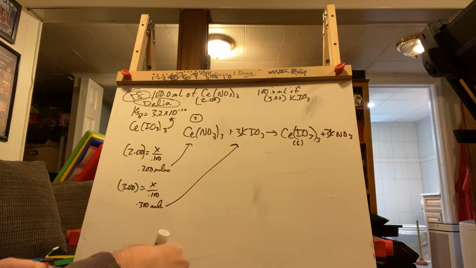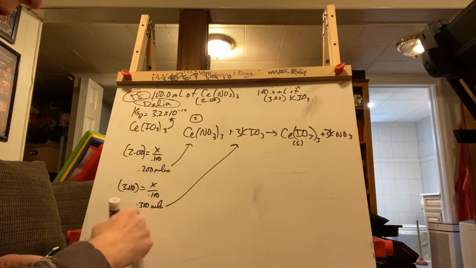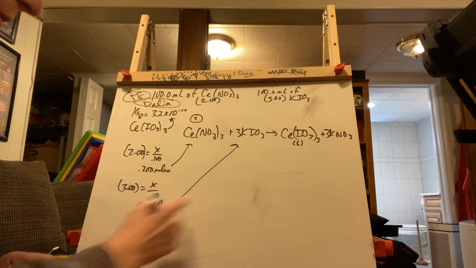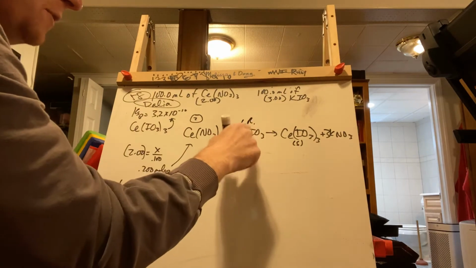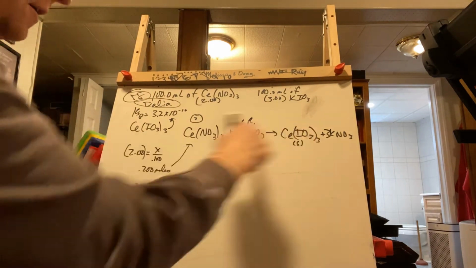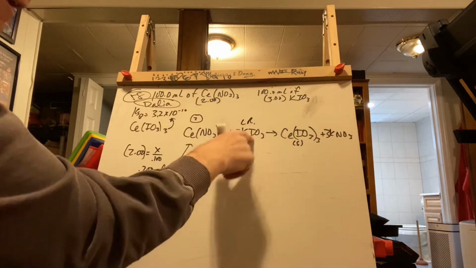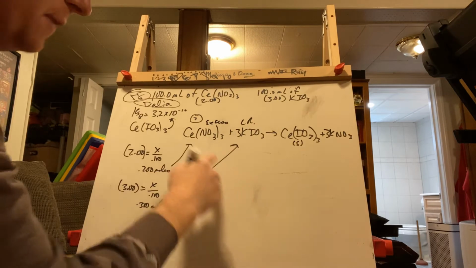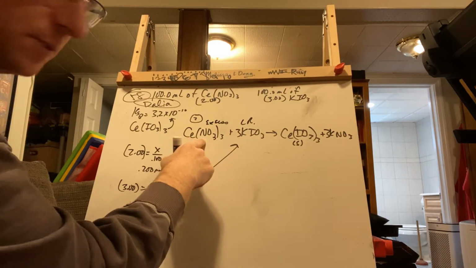So then you do the limiting reactant step. I'm not going to do that for you because I'm not going to insult your intelligence here. We'll just say the limiting reactant is that one, because it's pretty easy to see, doing a little bit of stoichiometry, that that's your limiting reactant. This is your excess. So now our next step is finding out how much leftover excess we have.